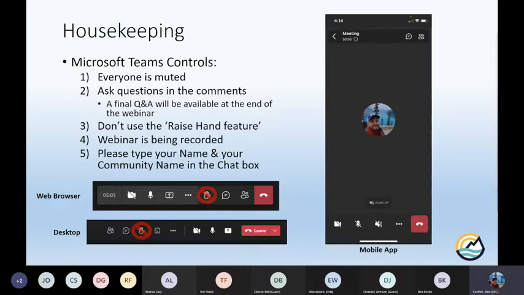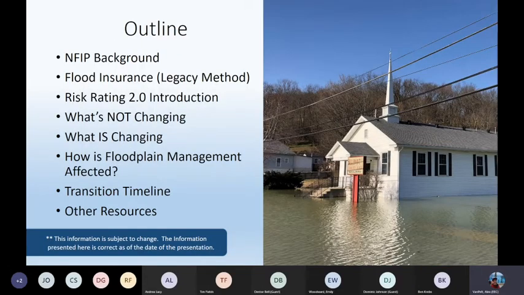So, let me give you a quick outline of what we're going to talk about in this presentation. I always try to start with a little bit of an NFIP background, just to give everybody who may be newer an even footing on what the NFIP is and what it's trying to do. We're going to talk a little bit about flood insurance today, or what FEMA is calling their legacy method for how they rated flood insurance policies previously.